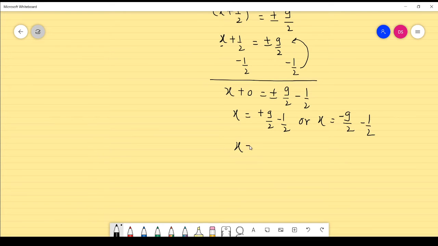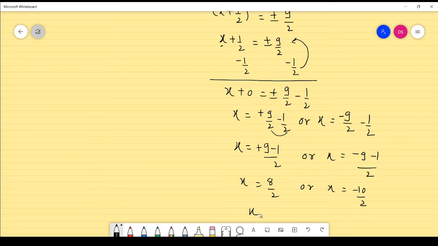Simplify this. So what will we get? x will be equal to, since the denominators are the same, the numerators get added or subtracted. So plus 9 minus 1 divided by 2, or x will be equal to minus 9 minus 1 divided by 2. So x equals 9 minus 1, that is 8 by 2, or minus 9 minus 1, that is minus 10 by 2.